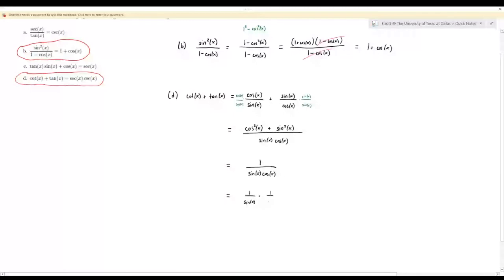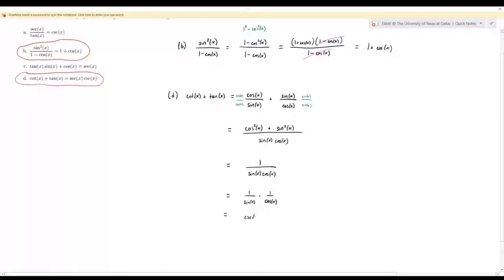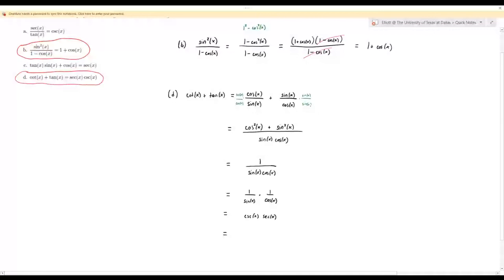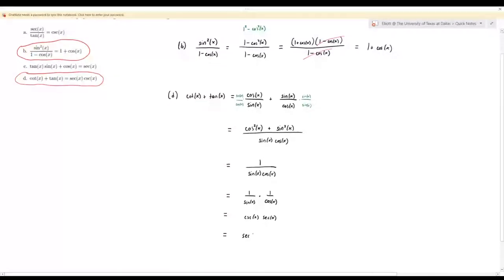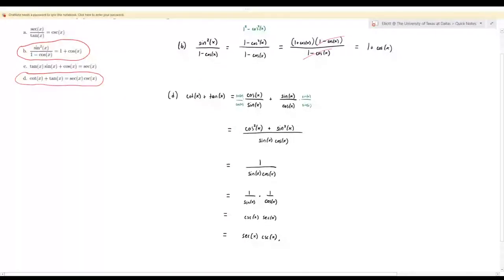We know that 1 over sine is cosecant, and 1 over cosine is secant. And of course, multiplication is commutative, so you can always switch the order like that. Okay, all right, cool.